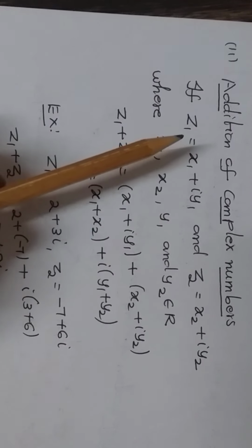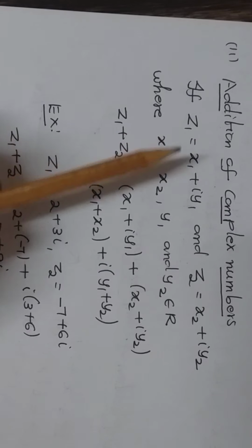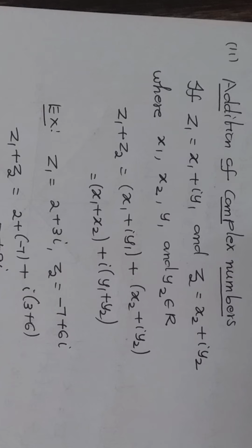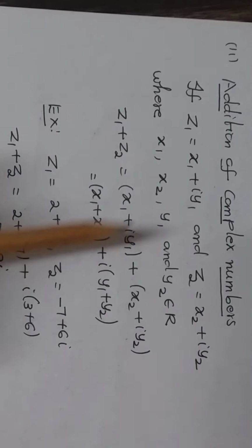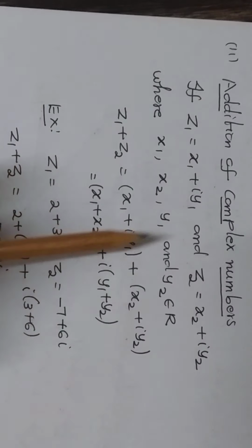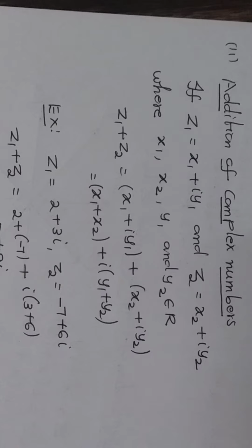Suppose z1 is equal to x1 plus iy1, z2 is equal to x2 plus iy2, where x1, x2, y1, y2 belong to real numbers. Real numbers means natural numbers, integers, whatever it may be. Then z1 plus z2 is x1 plus iy1 plus x2 plus iy2. Then you add the real part separately, x1 plus x2, put the bracket, plus i into the imaginary part separately, y1 plus y2. That much simple.